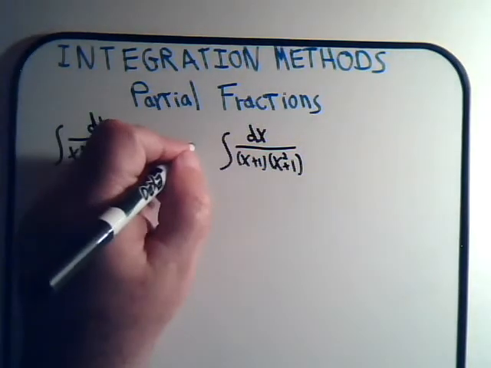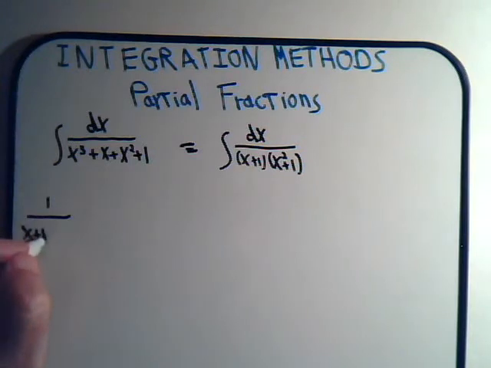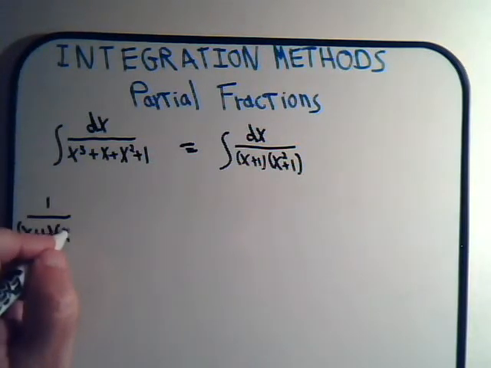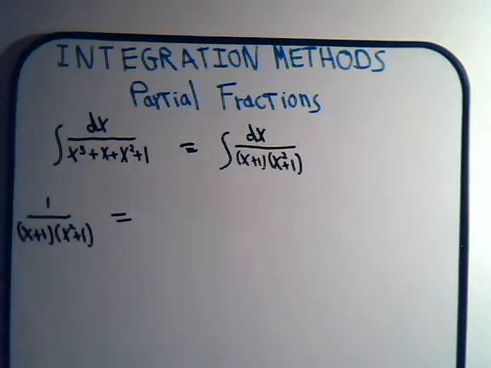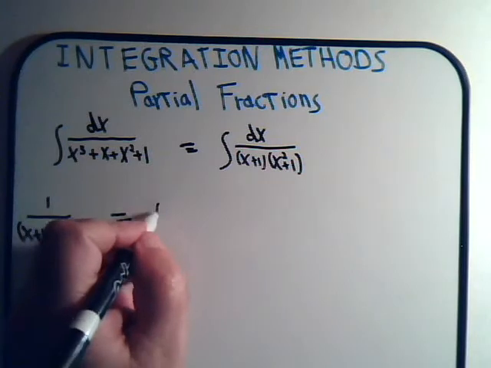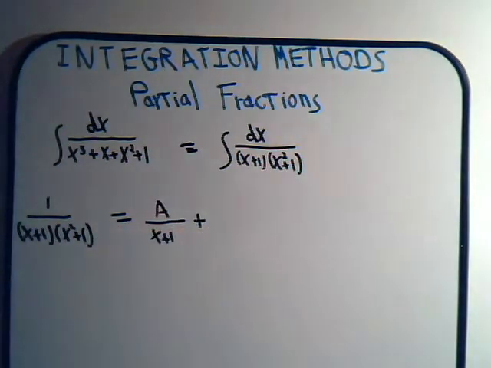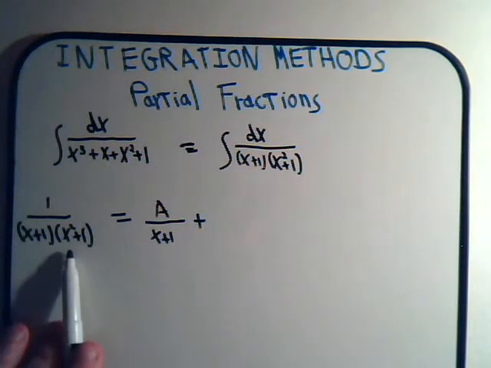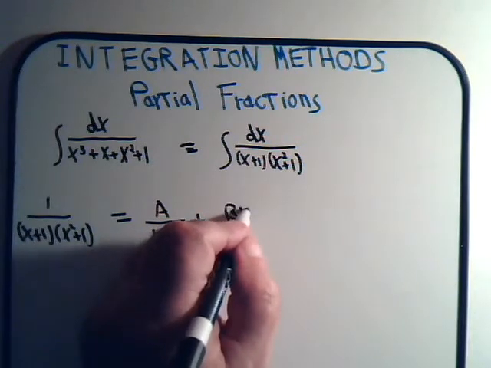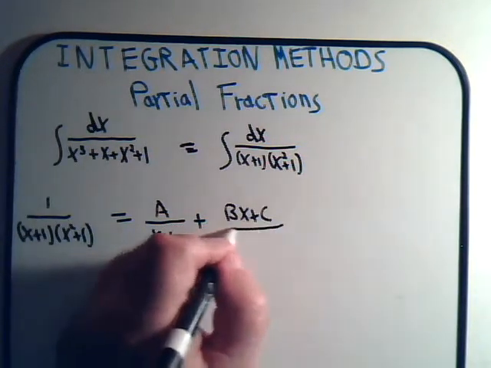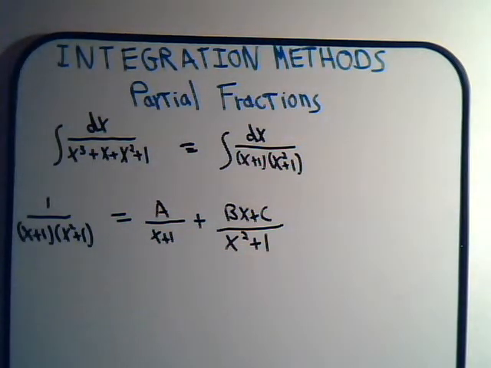To set this up for partial fractions, we have 1 over x plus 1 times x squared plus 1, and that will equal, this is a linear factor, so just a constant A over that, plus, now this is a quadratic term to the first power, so we're going to have Bx plus C divided by the quadratic term. And we explained this in our introduction video.